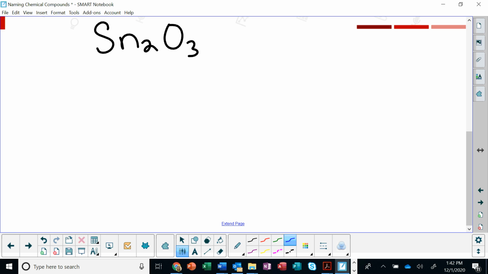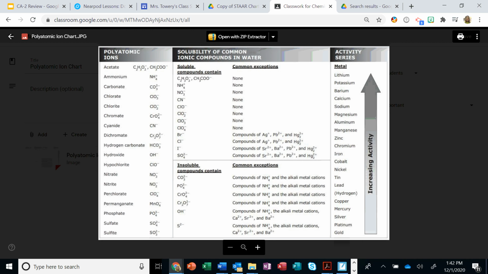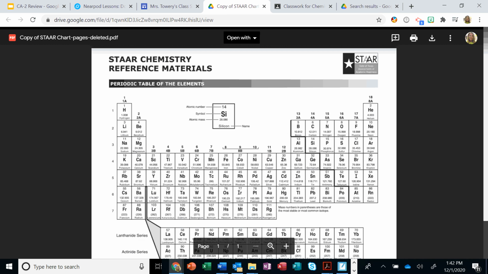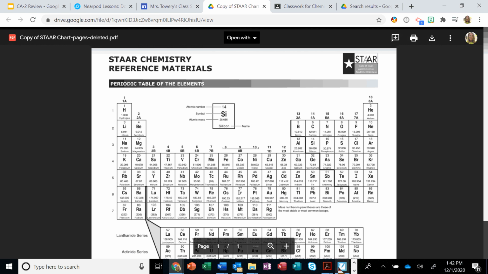Let's go ahead, again, decide if this is a metal or a non-metal, or if it's a transition metal. So I go back over here, and I go to my periodic table chart. Sn is right over here, above Pb. It is a transition metal, even though it's not in the dip. So I have to take that into account.